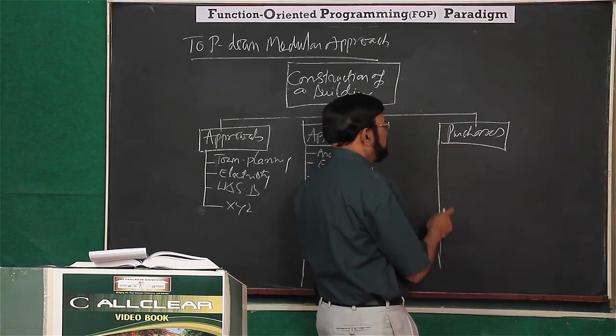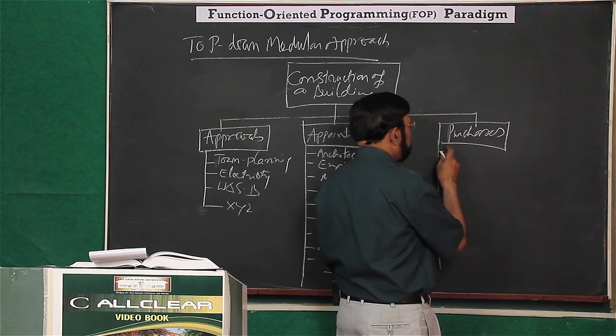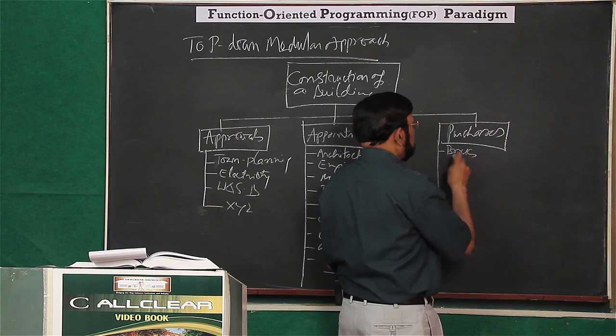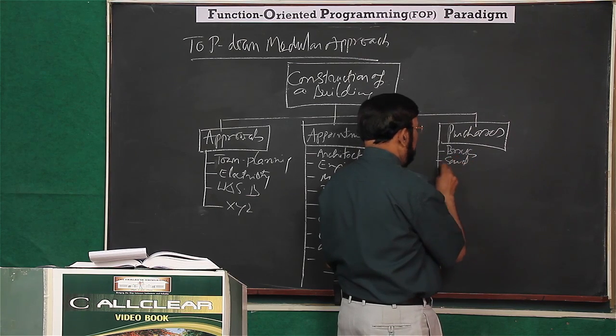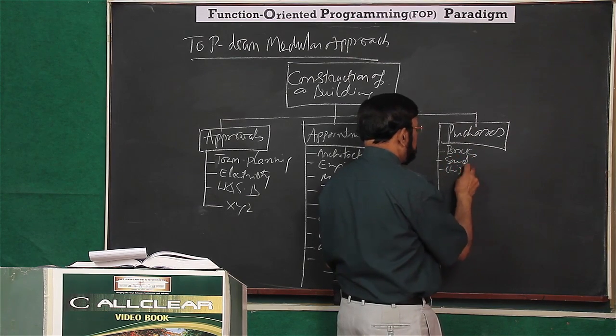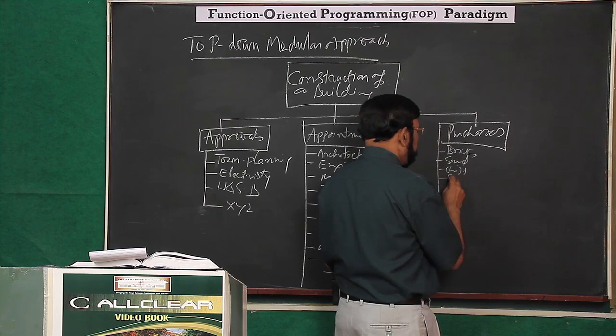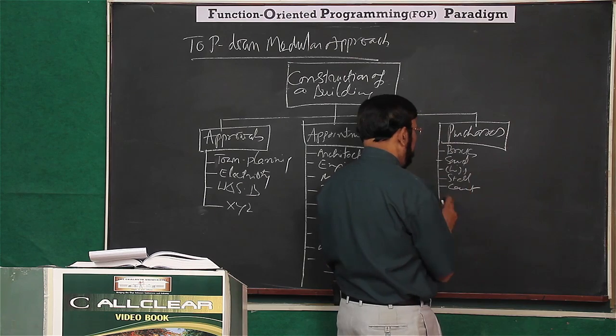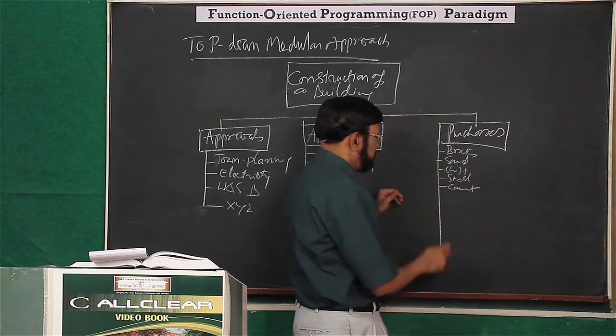Now, come to purchases. Initially, basic purchases like bricks, sand, chips, metal chips, steel, cement. These are the basic purchases.